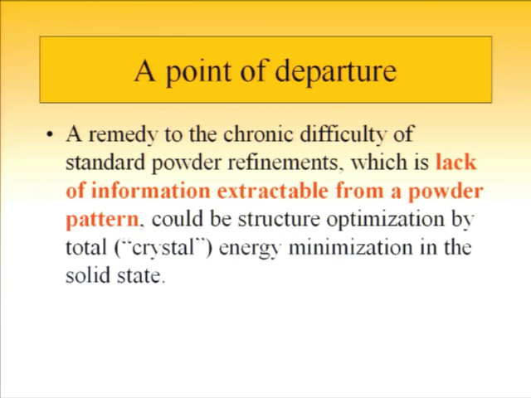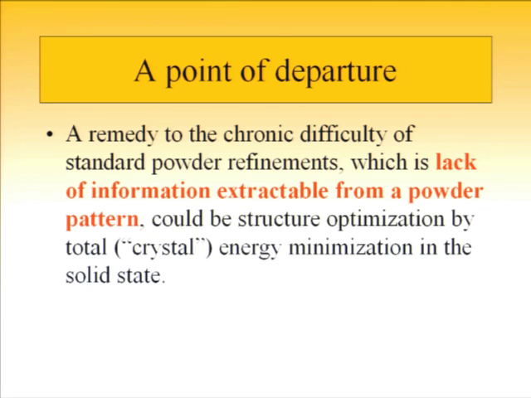And now, my point of departure is that we are looking for a remedy to the difficulty of standard powder refinement, which is the lack of information extractable from a powder pattern. In a powder pattern, you have just a certain amount of information you can extract. You can never get more than is inside. So the Heisenberg inequality holds also here. You mostly get less than is included.